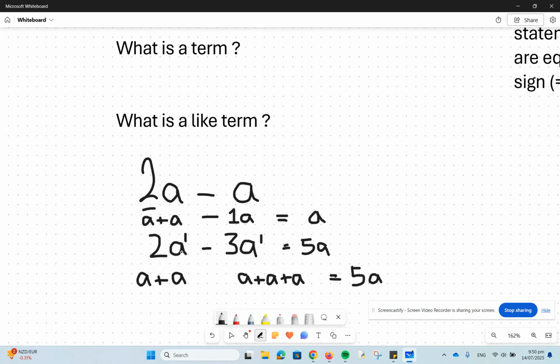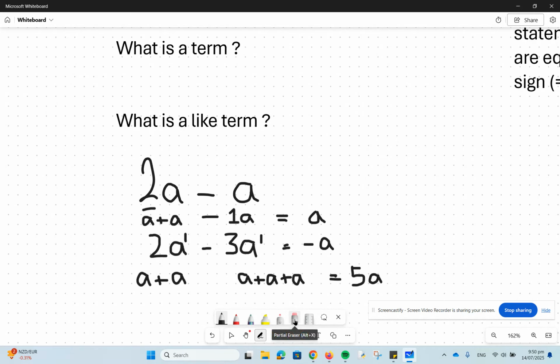Now I've got 2 of them, and I take away 3 of them, so that means I've actually got less than 0 now. If I had $2 in my bank account, and I took away $3 out of my bank account, I'd have negative $1, wouldn't I? So now I've got negative 1A. You just don't write the 1.